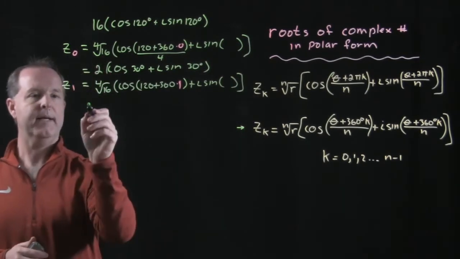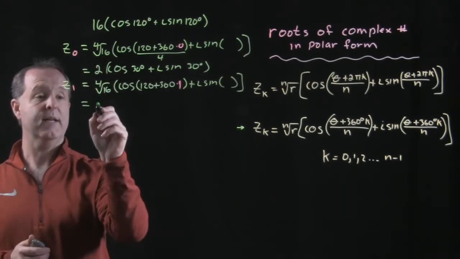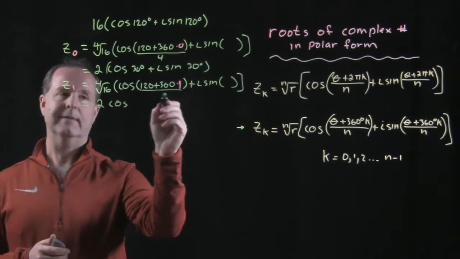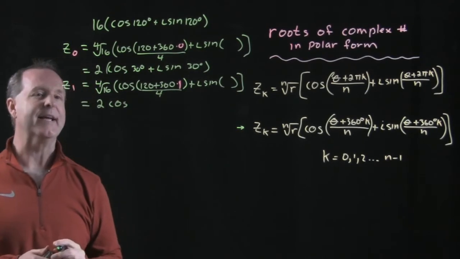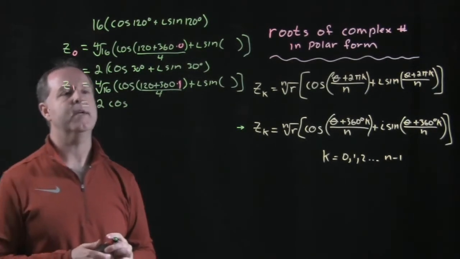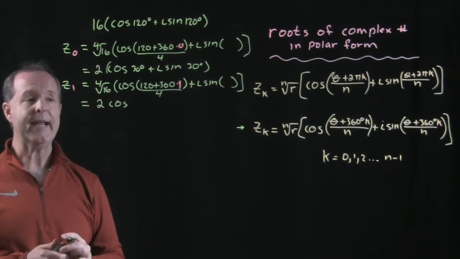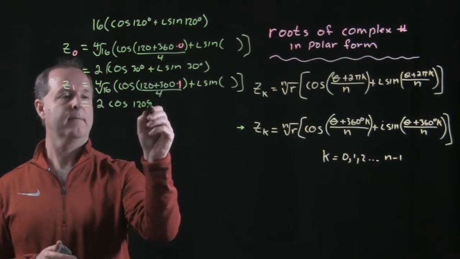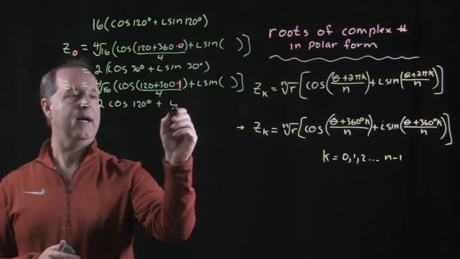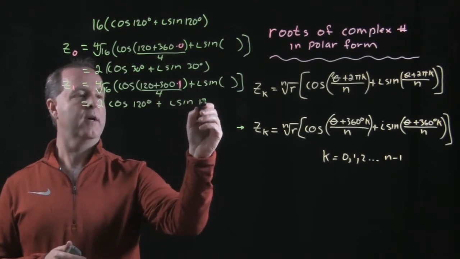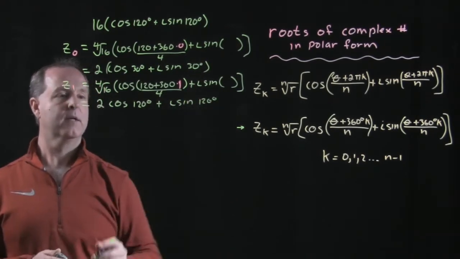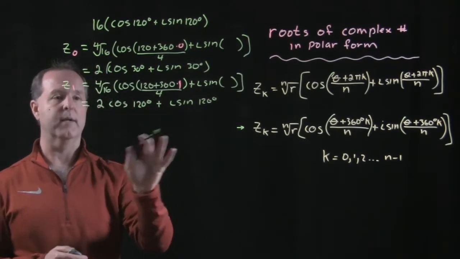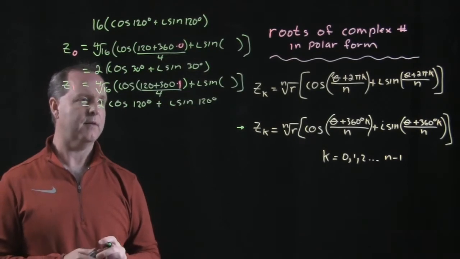Let's clean that up a little bit. Fourth root of 16, we've already discovered is a 2. Cosine, oh, I always forget, that's divided by n. 120 plus 360 is 480. 480 divided by 4 is 120. Plus i sine of 120. So that's the second one that we were able to discover.